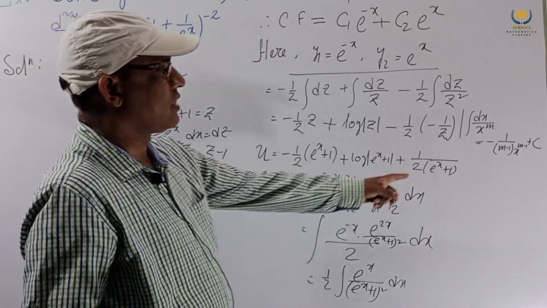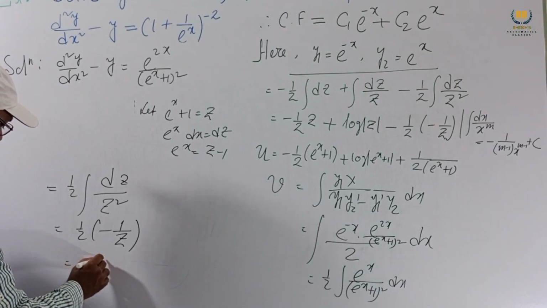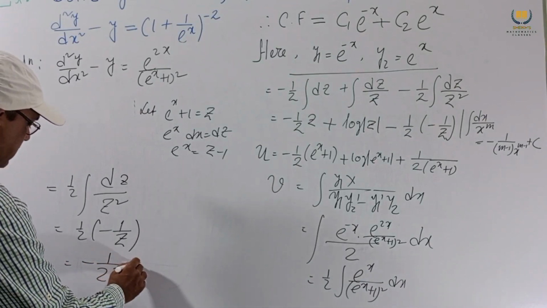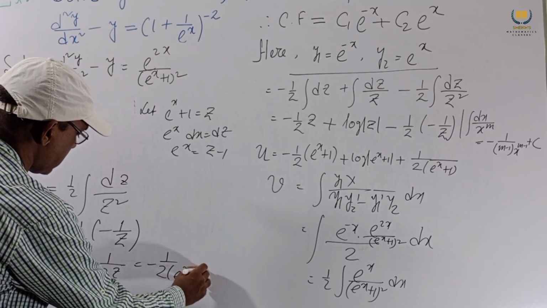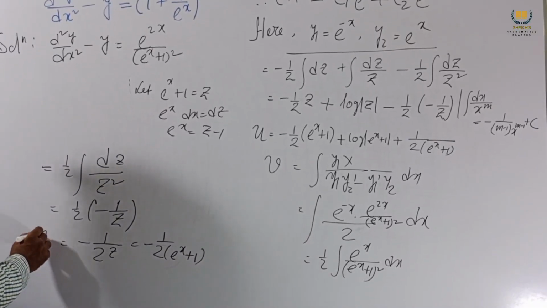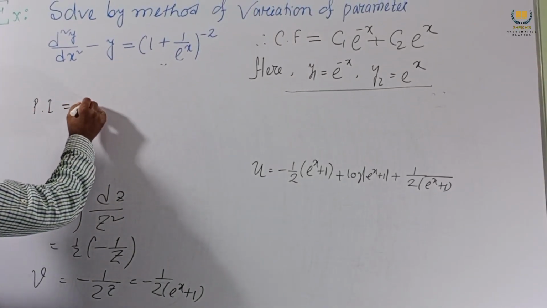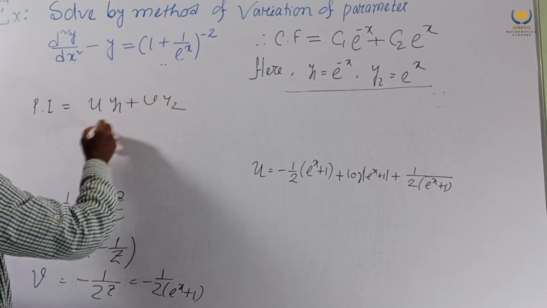If we use this formula, we get this, and this will be minus 1 by 2z, and z means e to the power x plus 1. This is our v.